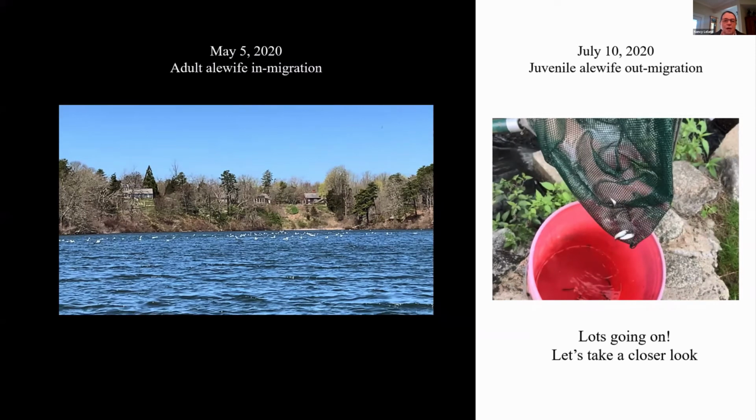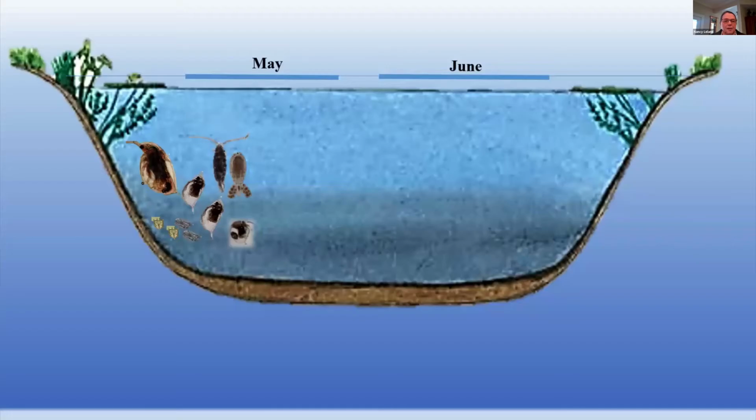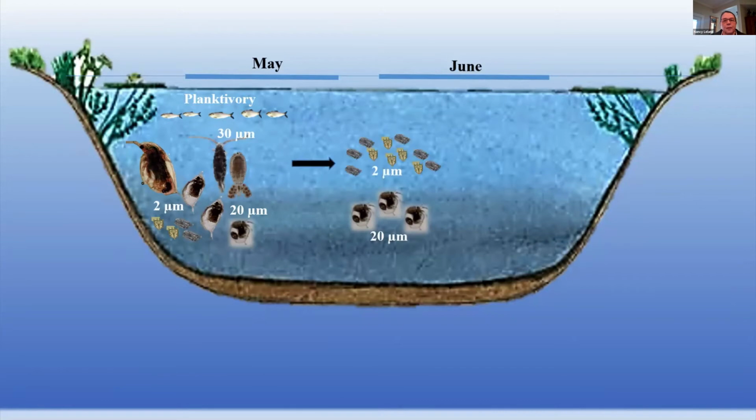So there's a lot going on ecologically in Lower Mill Pond once the spawning happens and the juvenile alewife are maturing. So let's take a look at what happens to the zooplankton in the early parts of the summer in Lower Mill Pond. We have our size-selective zooplankton. We also have our juvenile alewife, which are planktivorous and typically feeding in the pelagic zone.